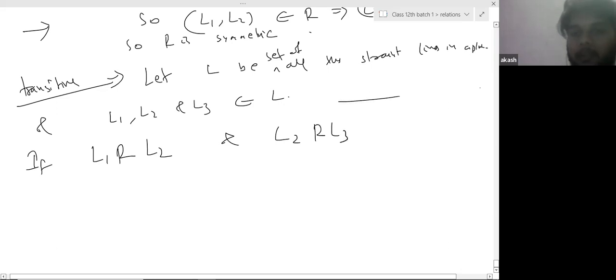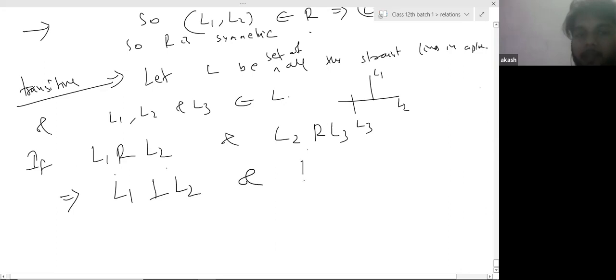You can even draw a diagram, this L1, L2, and L3. All right. If L1 is related to L2 and L2 is related to L3, this implies that L1 is perpendicular to L2 and L2 is perpendicular to L3. This implies that L1 cannot be perpendicular to L3.